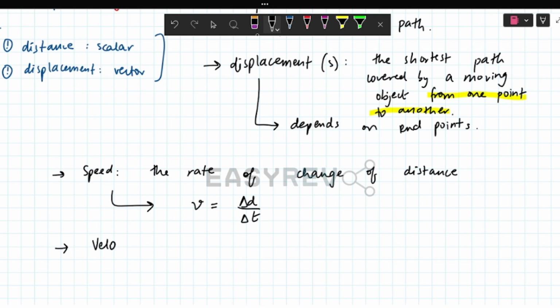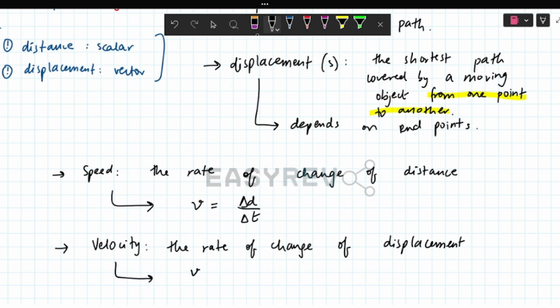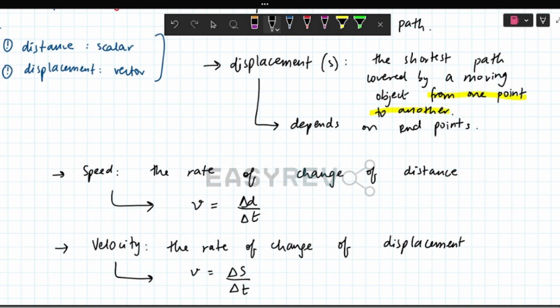On the other hand, velocity is a quantity that's defined as the rate of change of displacement this time. And for this reason, much in the same way as before, velocity can be presented as an equation in the form of change of displacement covered per unit interval of time.